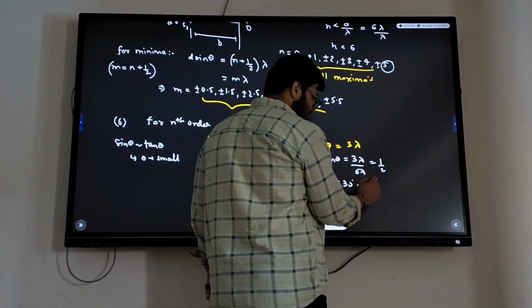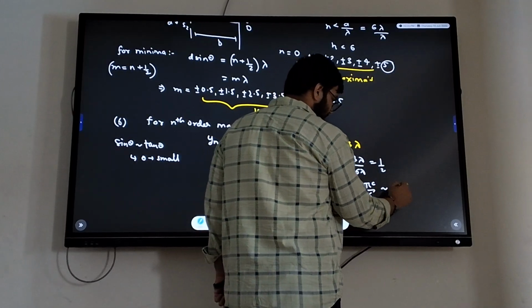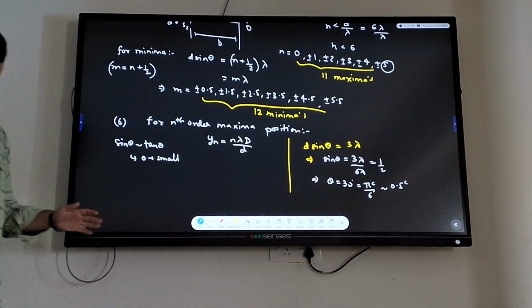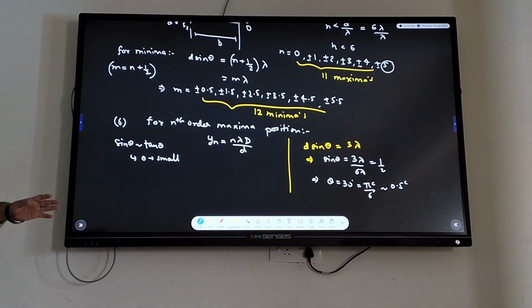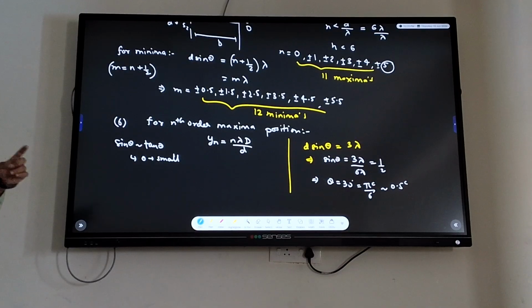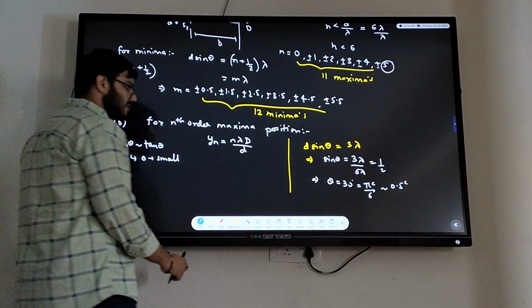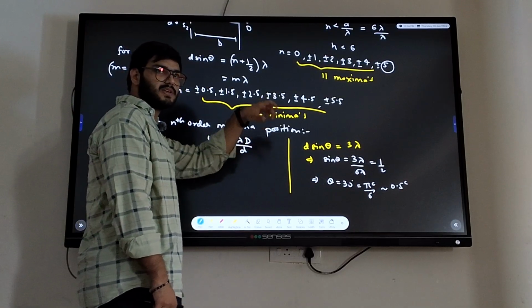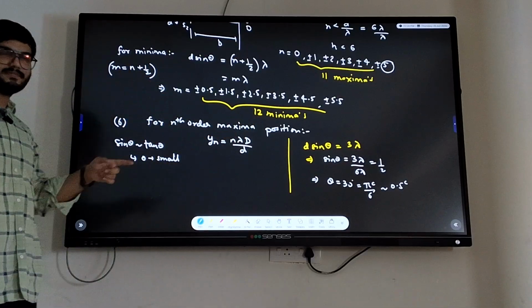And at best you can approximate it to be 0.5 radians. That is not small enough, so you can't do this approximation. Then you use the generic form. Now that you know theta, how to find y? Use trigonometry.